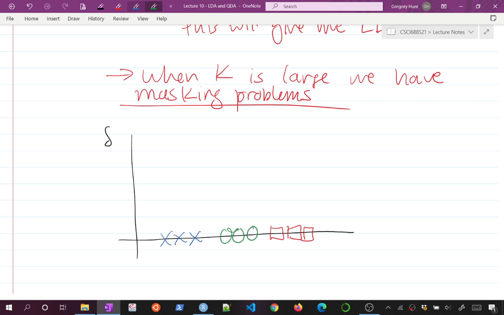So what could happen is I could learn my discriminant functions, and maybe my red discriminant function presumably looks something like that, right? It's high when I'm near the reds over here, so I'm likely to predict the reds. It's possible, though, that my blue discriminant function looks like this, so high where we're at the blues.